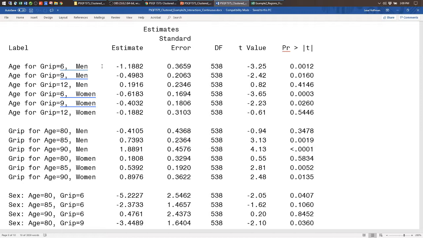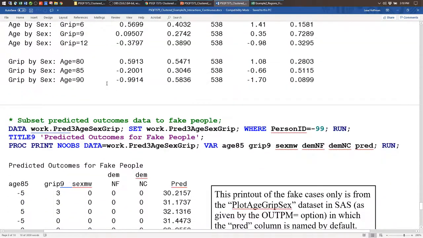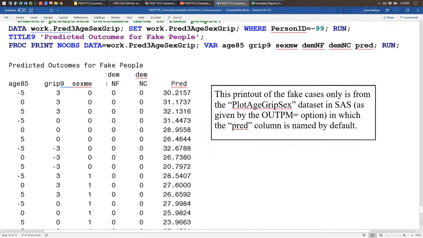Whether or not you care about the significance level depends on what the thing is that you're estimating. In this section, I am estimating slopes, where you would be interested to know whether or not there is an age slope that's significantly different from 0, for instance, or a grip slope or a sex difference, etc. It also gives you p-values anytime that you estimate predicted outcomes.